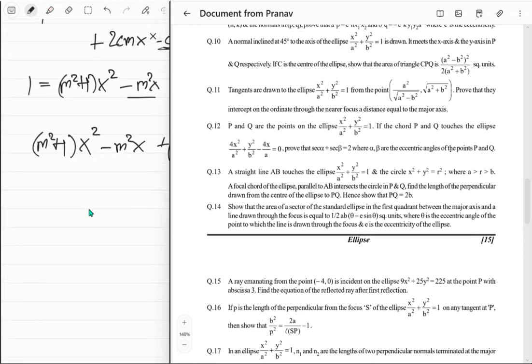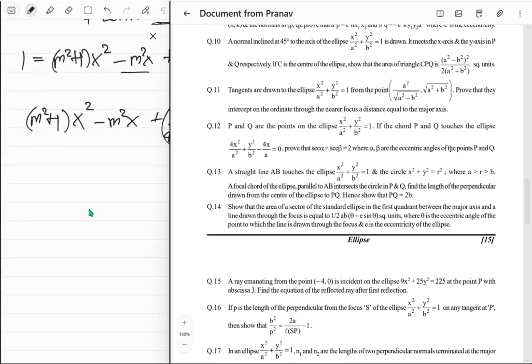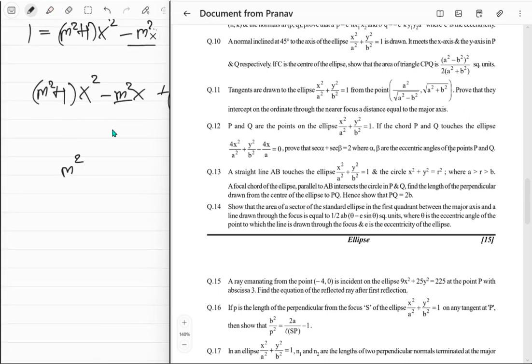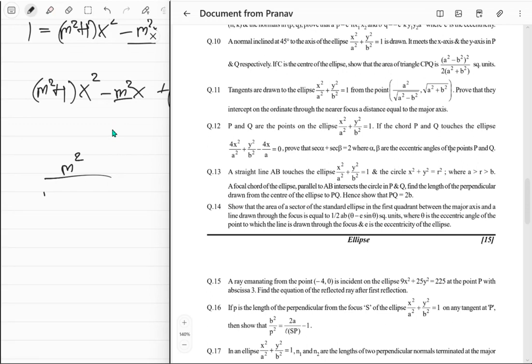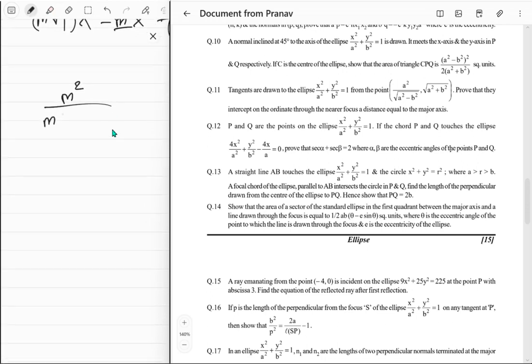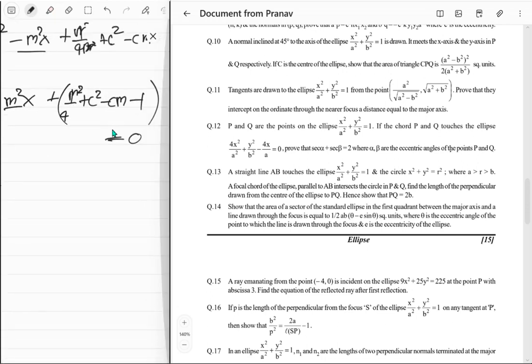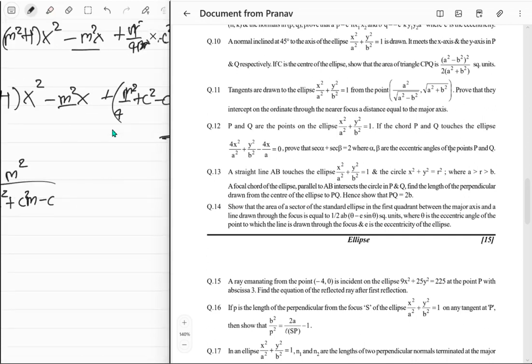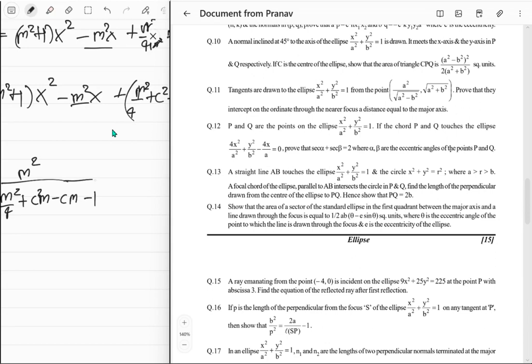So to get this, just divide by x, and you'll get this thing upon that. That's going to be 1 upon the first root plus 1 upon the other root, negative, of course. So it's going to be m squared upon all of this: m squared upon 4 plus c squared minus cm minus 1, right?